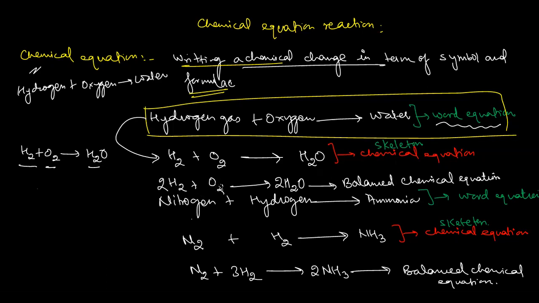If I balance this one, 2H2 means you will get 4 hydrogen atoms here.